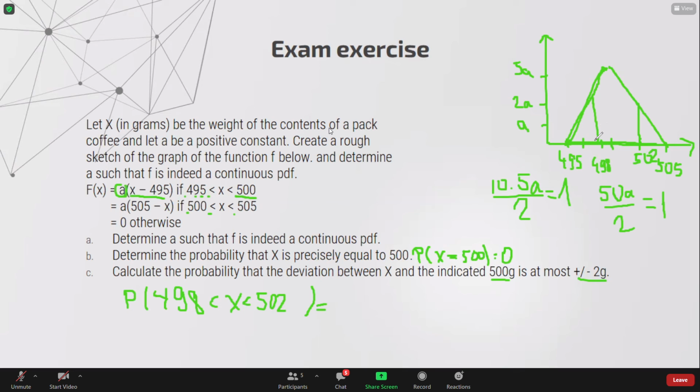And we need to find that area that is between those two numbers. It's an irregular form, so better find the rectangles that are here and take 1 minus those two small triangles. Do you want to try to do it on your own or just to go with a calculation and see how it goes?